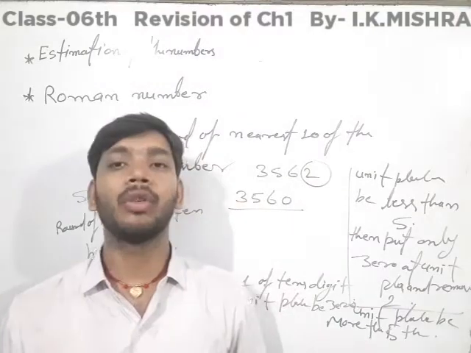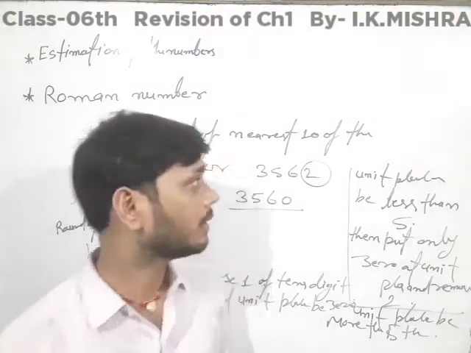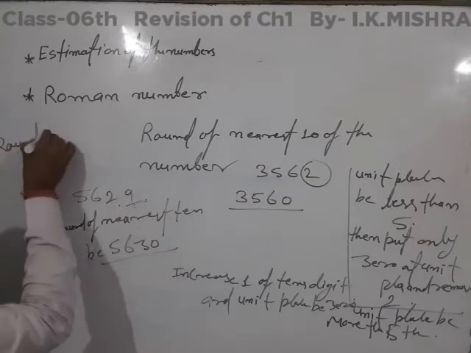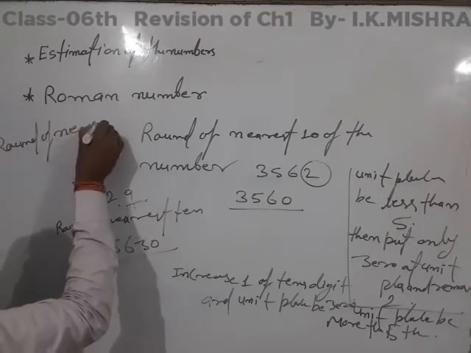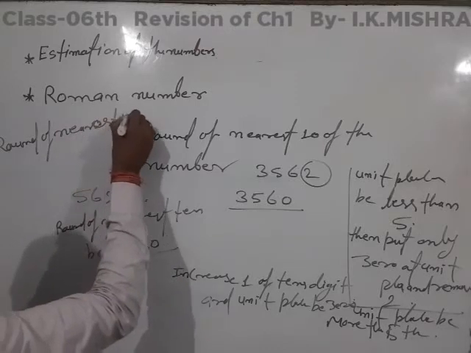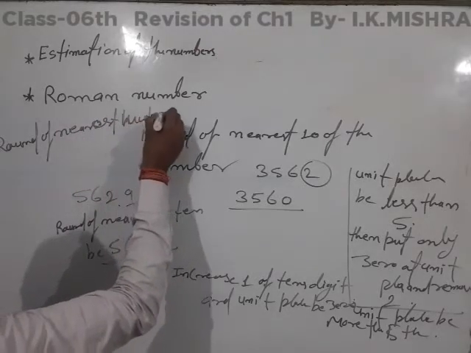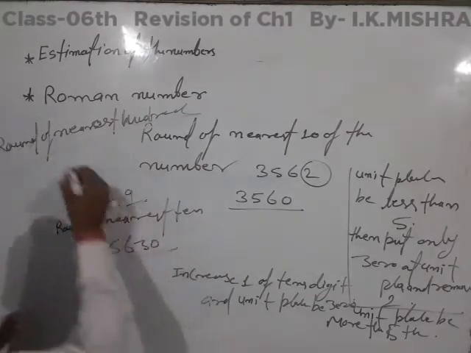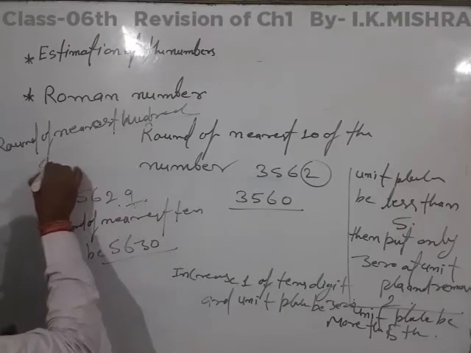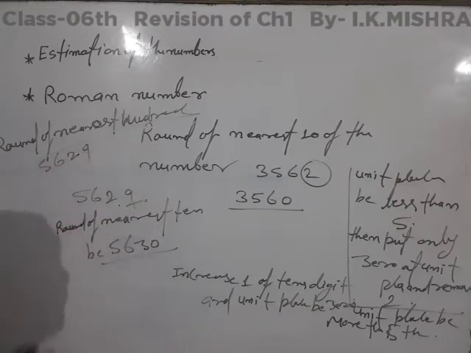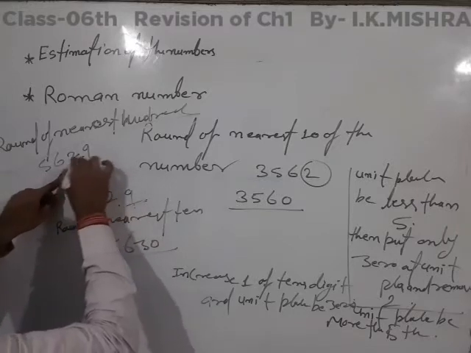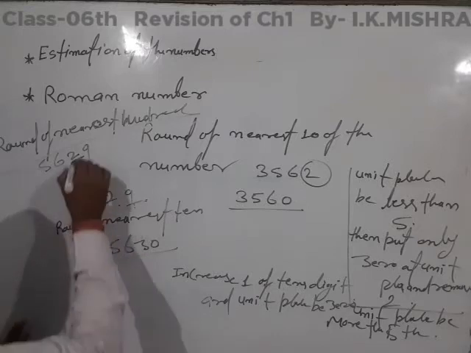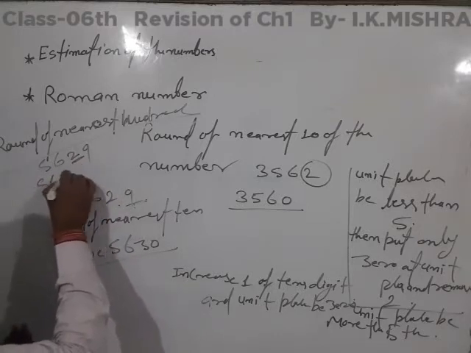Similarly, students, when you have to round off to the nearest 100, suppose 5629. Here observe the tens place. The tens place is less than 5, so its nearest 100 will be 5600.